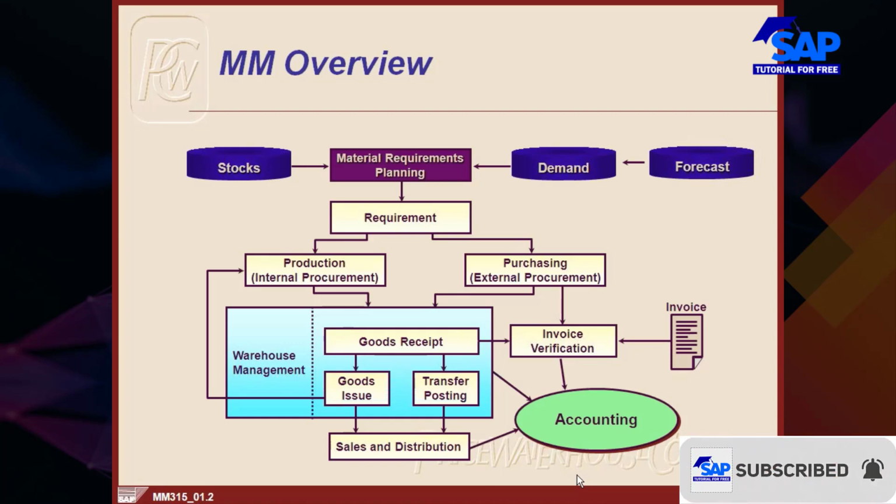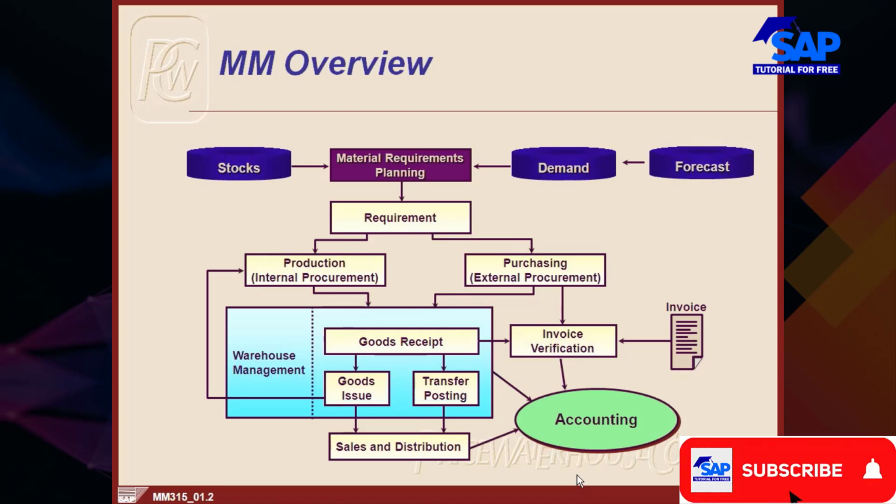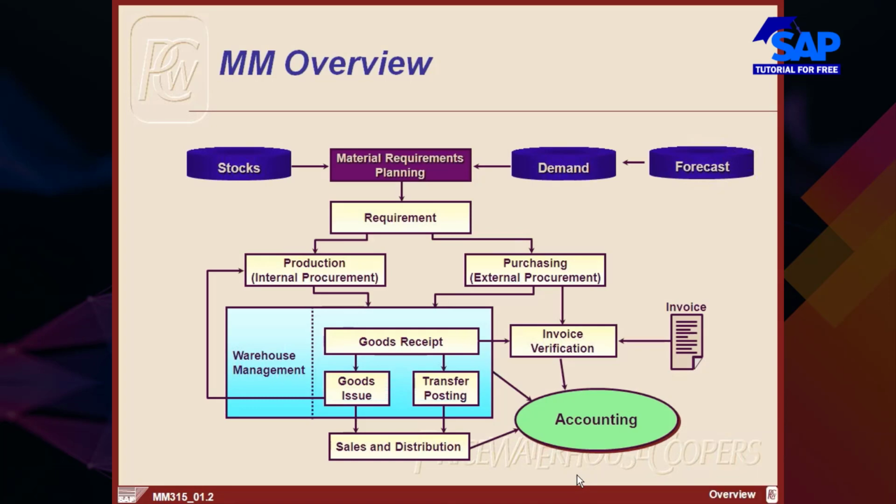Whenever a shortfall arises for a certain material, depending upon the MRP parameters maintained for the material and the configuration settings maintained for the plant under which the material is created, when you run MRP, the system generates an order proposal. An order proposal could be a purchase requisition or a planned order, depending upon the procurement type indicator that you assign for the material in the MRP2 view. That we will discuss when we actually go into MRP.